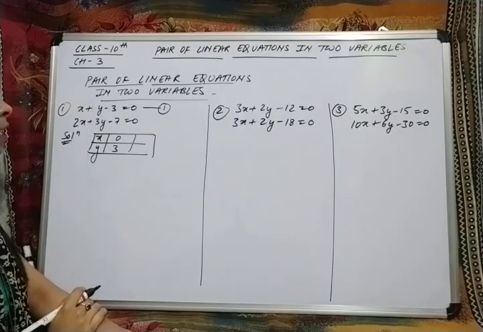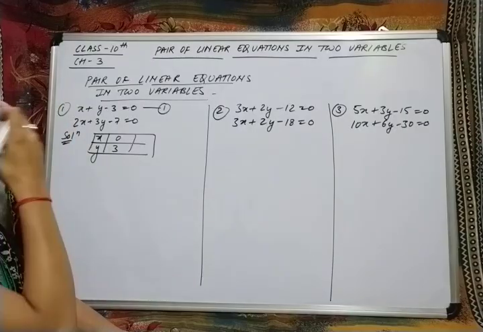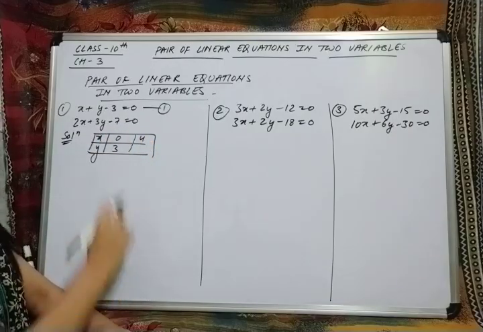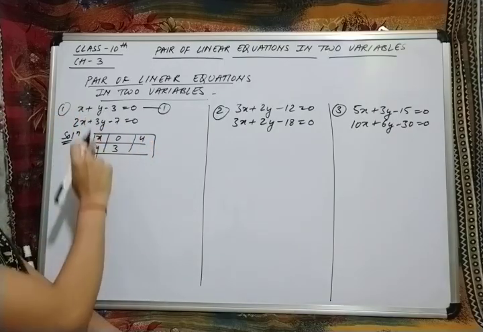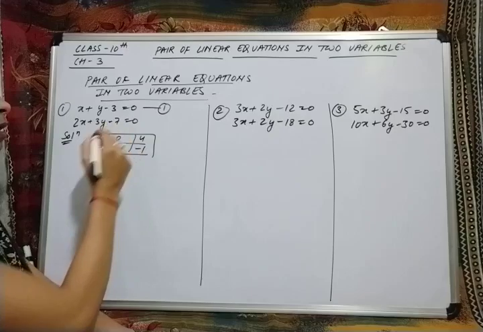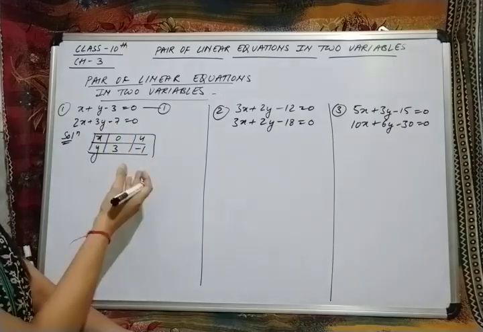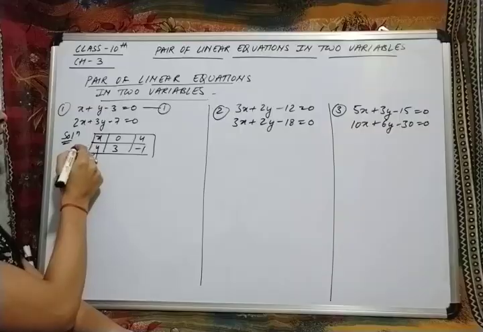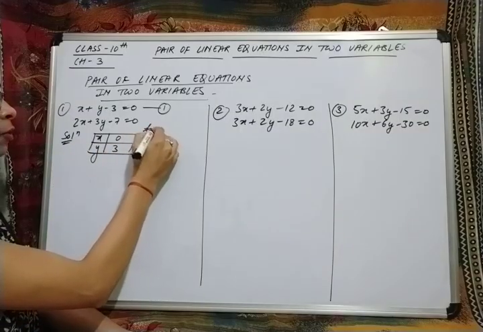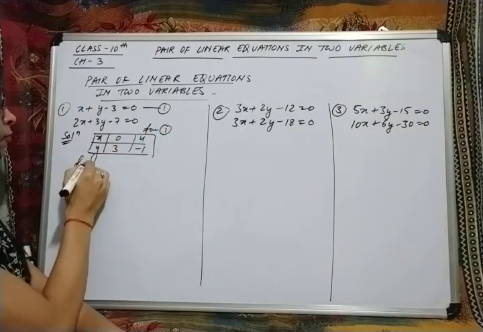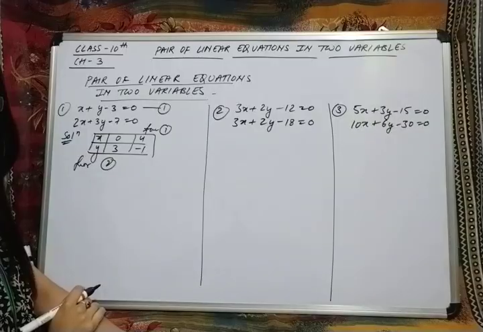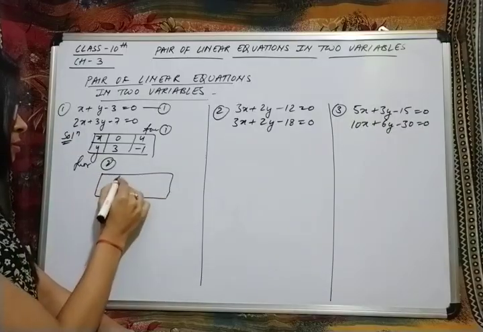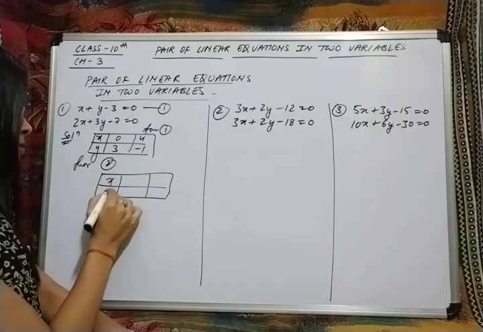Now if I put x equal to 4, what will be the value of y? Minus 1. So 2 solutions are sufficient. You can find more solutions like this. This was for equation 1. Now for the second, similarly, this is x and this is y.